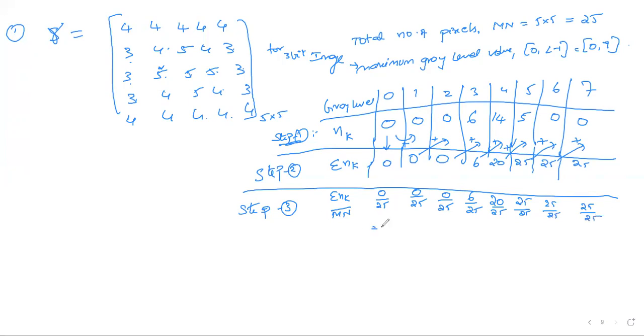That means it is equal to 0, 0, 0, 6 by 25 leave it like that, 20 by 25 is 4 by 5, 1, 1, 1.